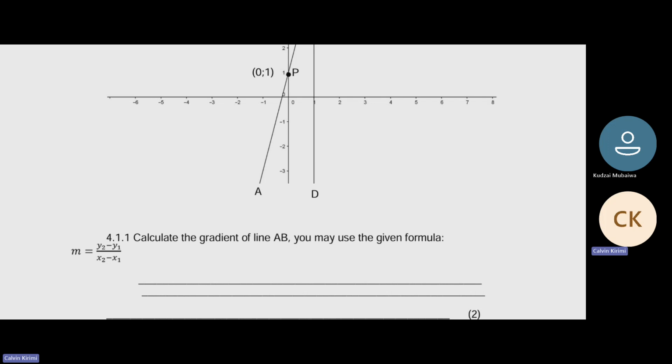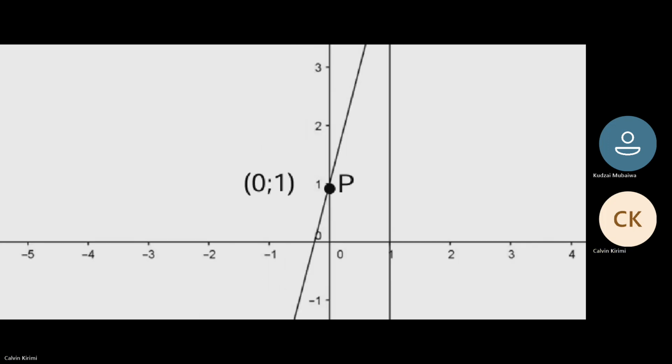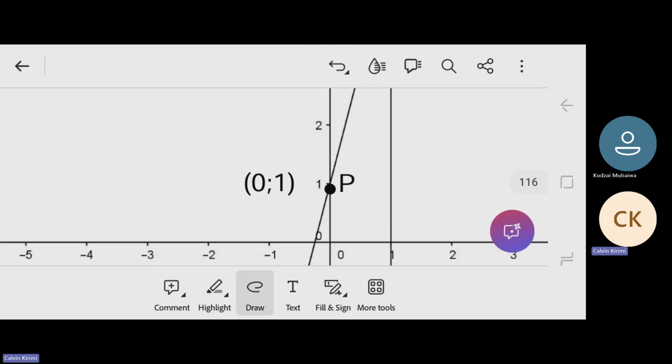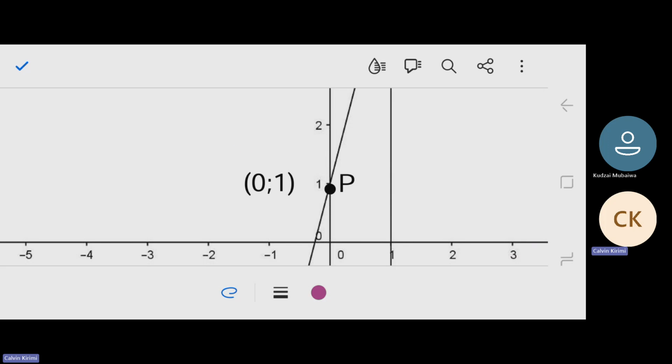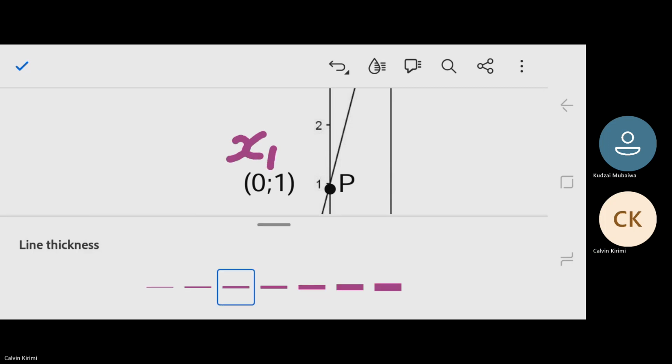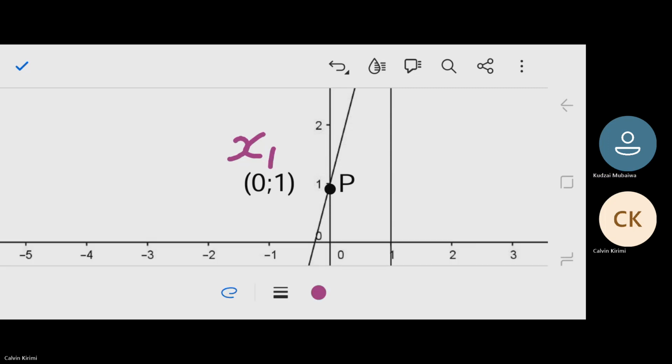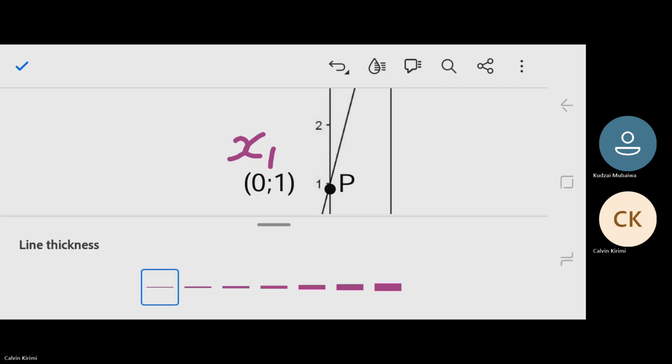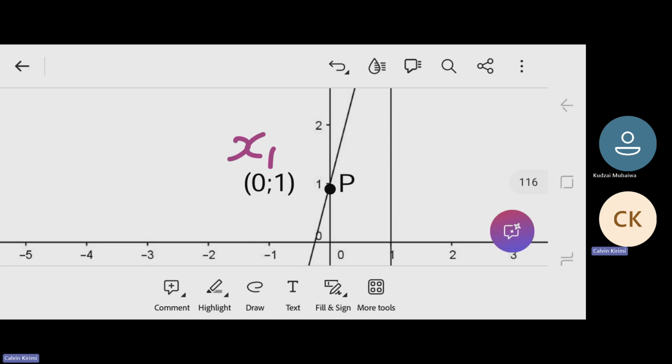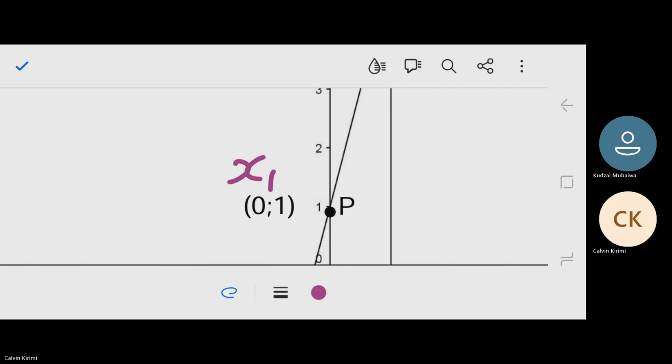You may use the given formula, gradient is y2 minus y1 over x2 minus x1. Then you say, this is my x1, y1.